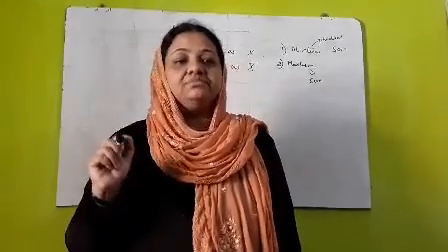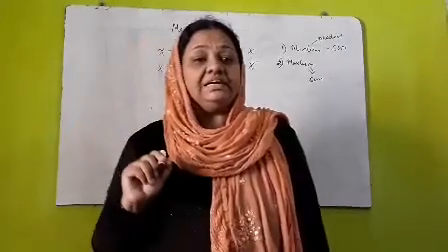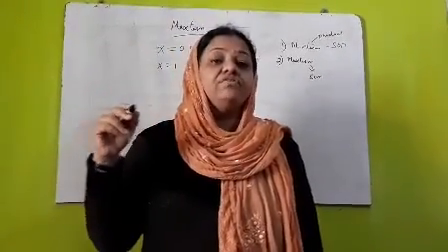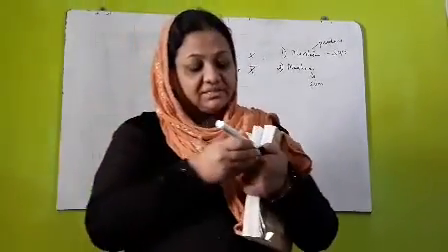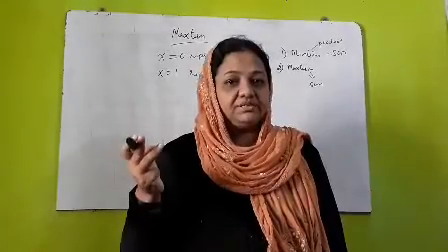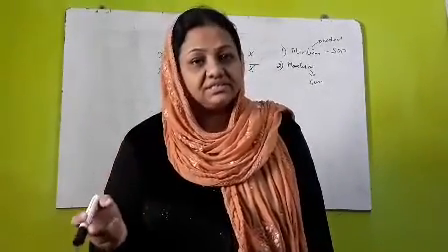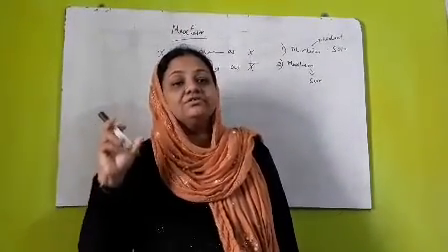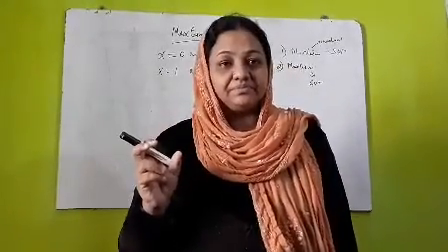So what is a max term? A max term is a sum of literals, whereas a minterm is a product of literals. For 1 mark there will be a question asked, what is a max term? A max term is a sum of all literals in a logic system. In a logic system, the sum of literals we call a max term.